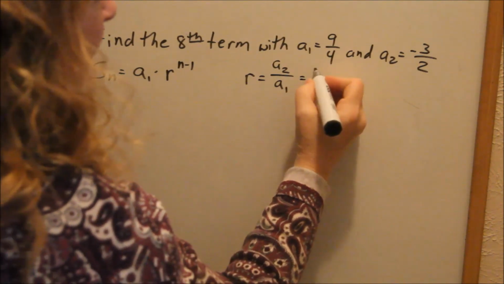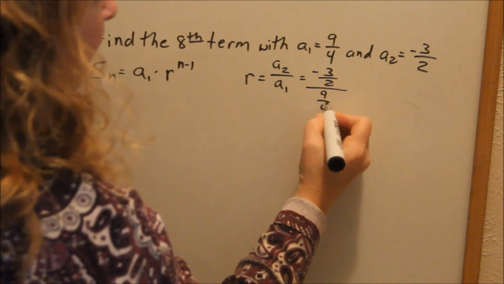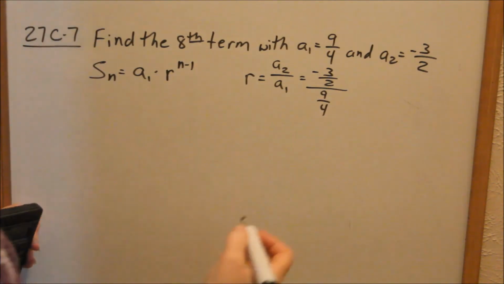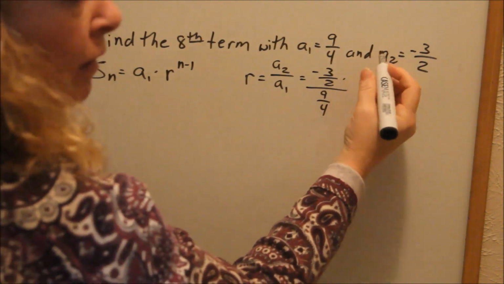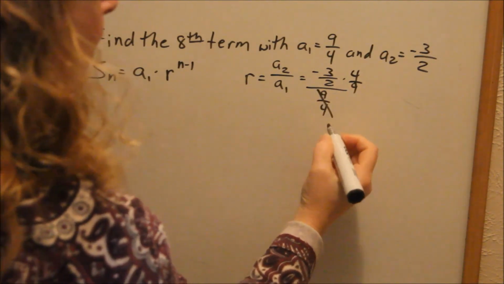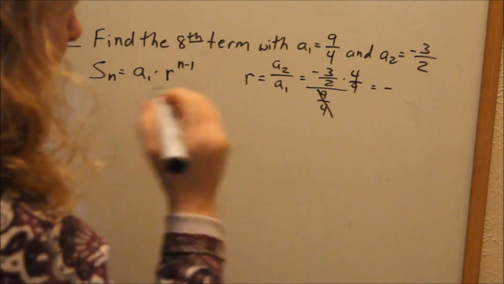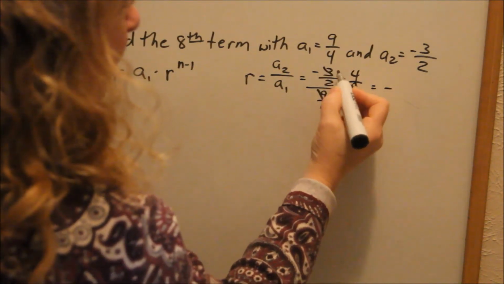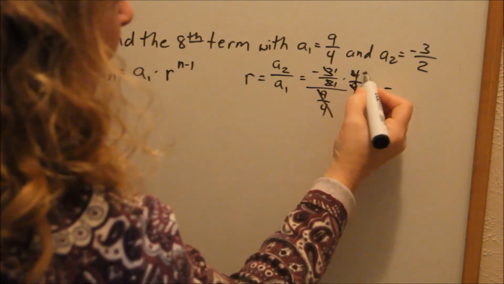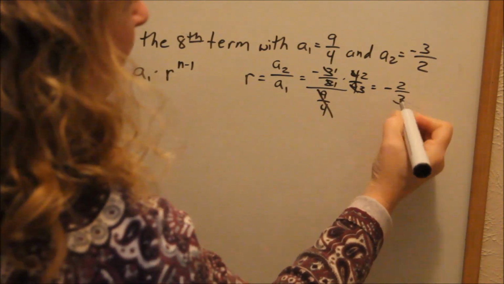My second term is negative 3/2 divided by the first term, 9/4. Fraction divided by fraction, flip the second and multiply. So that would be times 4/9. So we're going to end up with a negative number, because a negative times a positive is a negative. That reduces to 1 and 3. That goes to 1 and that goes to 2. So our common ratio should be negative 2/3.